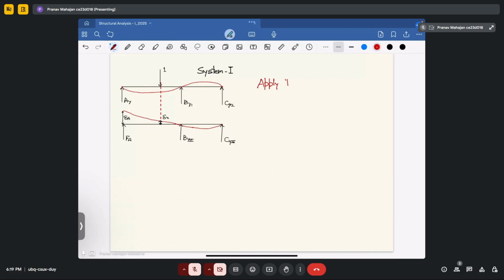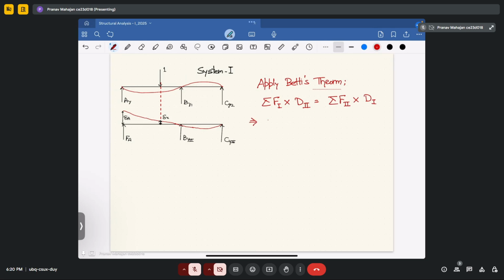Now if we apply Betti's theorem in this case, we can see that the summation of forces in system 1 multiplied by displacement in system 2 will be equal to the summation of forces in system 2 multiplied by displacement in system 1. What are the forces in system 1?